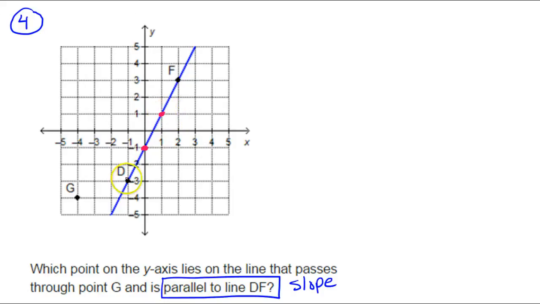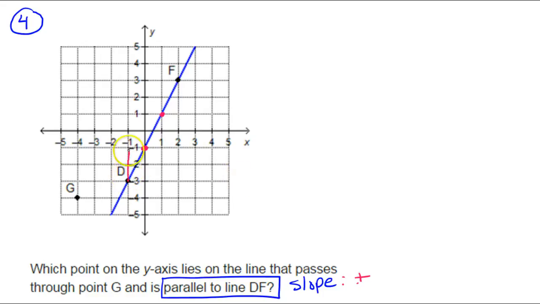When I want to talk about the slope, I notice that this line is going uphill as I go from left to right. So I know that this is a positive slope. Now, rise over run.